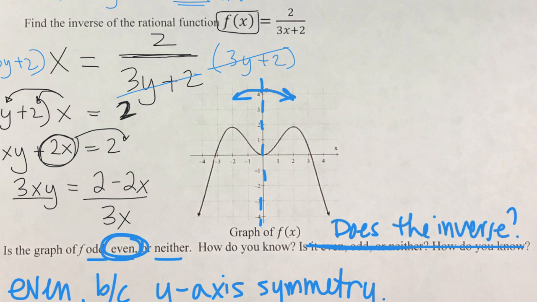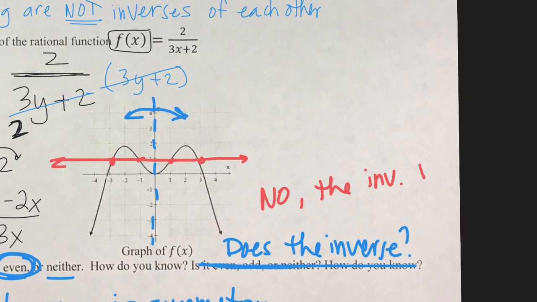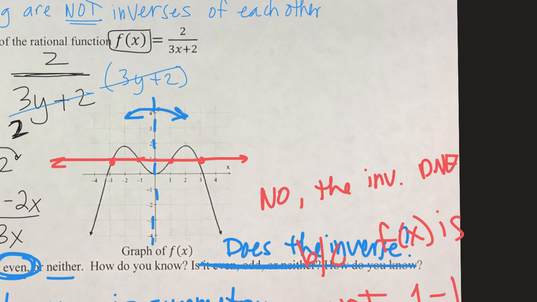Okay, and the answer to that question is a resounding no. If you draw a horizontal line through your graph, it hits it more than once. Okay, so no, the inverse does not exist because, right, the graph of f is not one-to-one. It fails that horizontal line test.